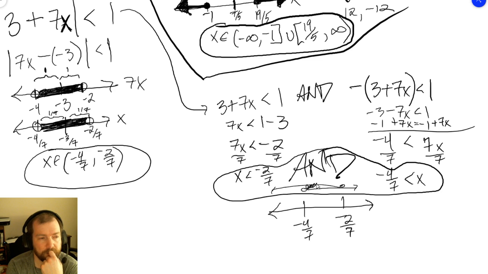So, middle stuff. Absolute values just in general.